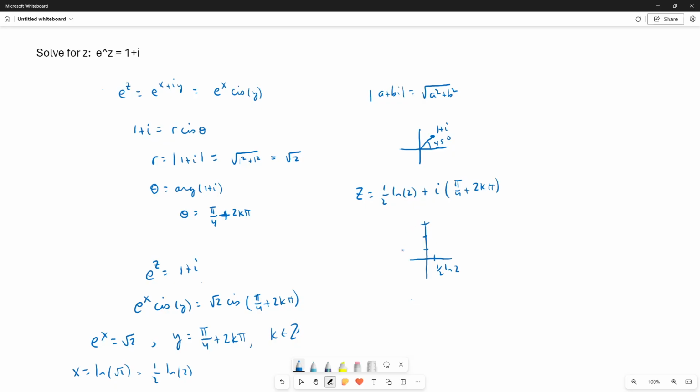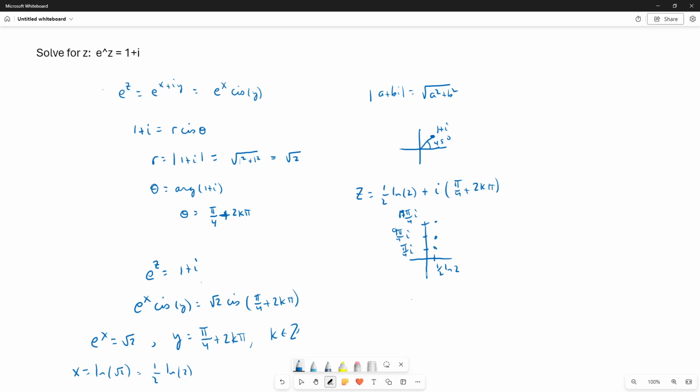The first one is pi over 4 times i, that's one solution. The next one is 9 pi over 4 times i, there's another solution. Then there's 17 pi i over 4, that's a 17 there.